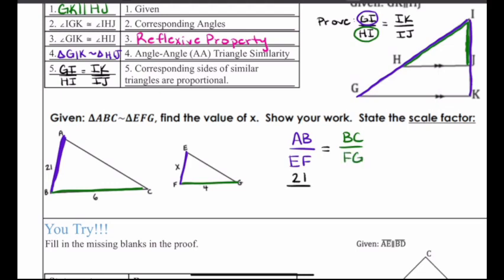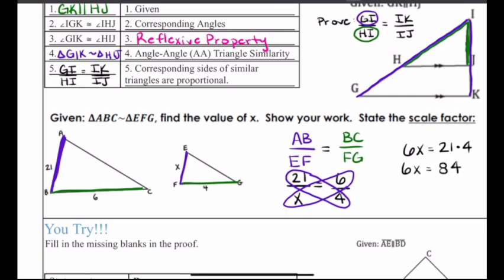And we already have these sides. AB is 21, EF is x, BC is 6, FG is 4. And we're going to go ahead and cross multiply. So that 6x equals 21 times 4. So 6x equals 84.